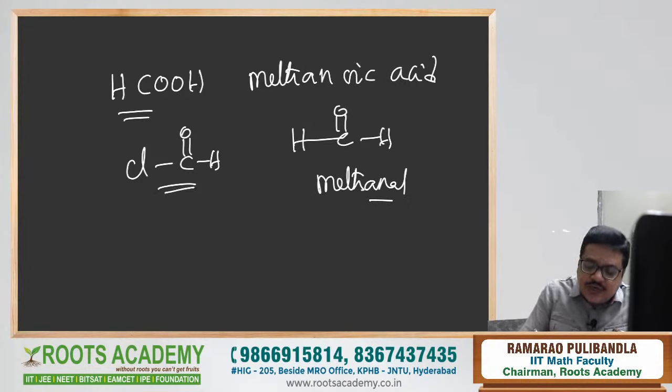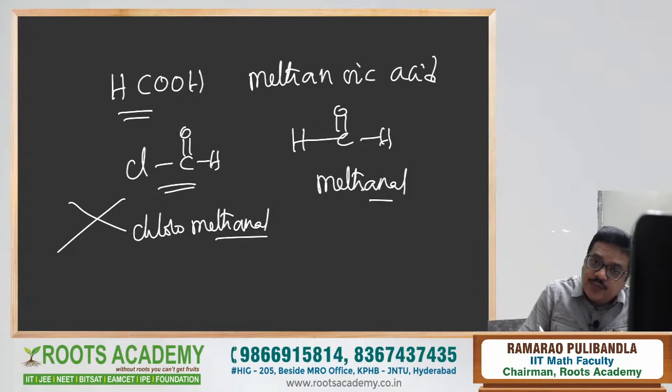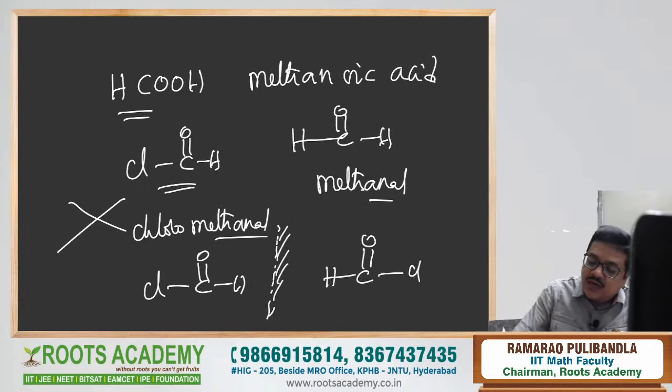Based on that, many students will write this one, chloromethanol. No. You take its mirror image, Cl double bond OH. Take its mirror image, H, C double bond O, Cl.